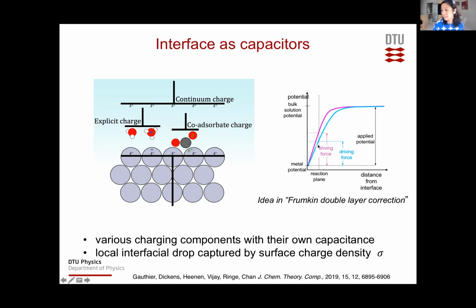One can have a variety of different interfacial potential drops as a result of having so many charging components. And what I will suggest in what follows is that this local interfacial drop that is driving the processes that we are interested in is perhaps better captured by the local surface charge density and not the overall work function as we commonly do today. And I think this idea is best illustrated with an example.